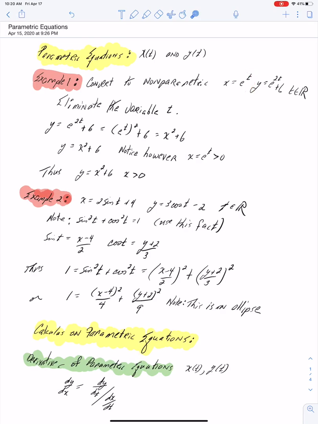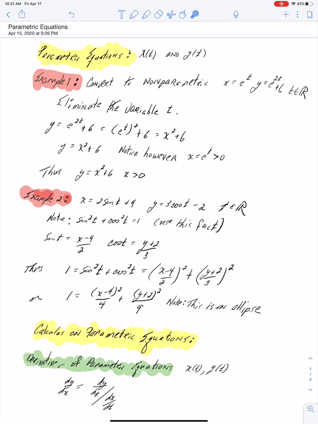All right, now let's look at the next example, example 2. This is a little more complicated. x is 2 sine t add 4, y is 3 cosine t subtract 2, t an element of the reals. What do I want to do? I want to convert it again to non-parametric, which means I have to eliminate the variable t.